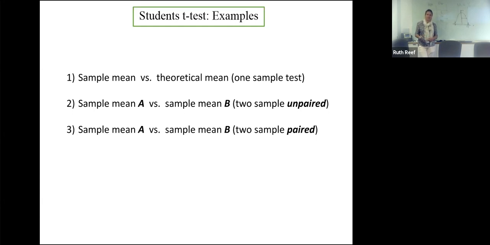You can measure the population of bread at Coles or Woolies or IGA, I'm not taking sides here, and compare that to a theoretical mean. That would be a one sample t-test. I can also measure elephants versus hippos, sample A versus sample B. Or I can do another thing called the paired t-test, and we'll come to that when we get to it.